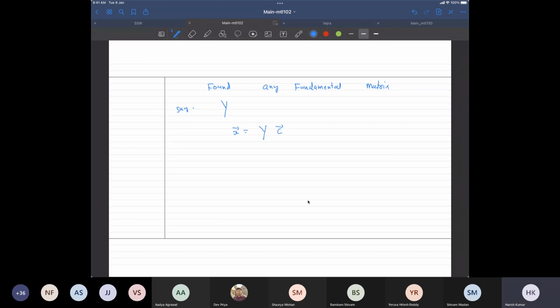This is the general form of the solution. Do all of you agree? Y can be any fundamental matrix.